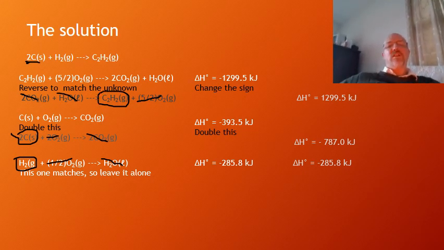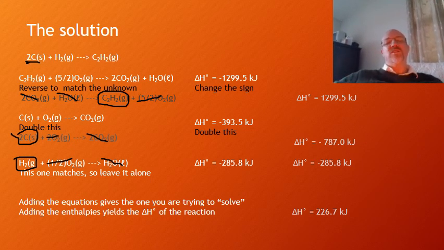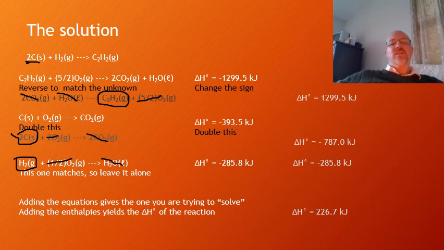So if I've lined it up, the only things left are the reactants I wanted and the products I wanted from the one I don't know the enthalpy change of. Whatever I had to do to those other equations, so when they add up to that equation, I add up the enthalpies. And lo and behold, I find that this reaction is going to cost the surroundings 226.7 kilojoules for every mole of the ethyne that I'm going to make.